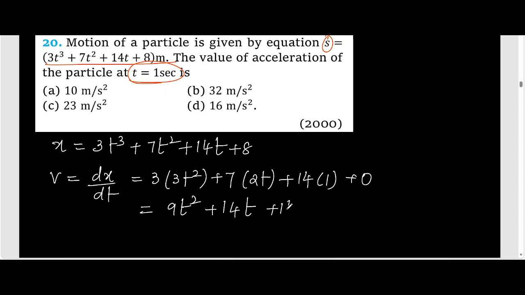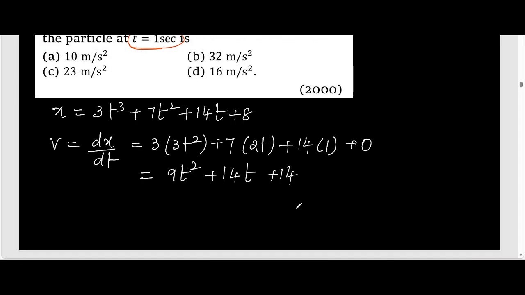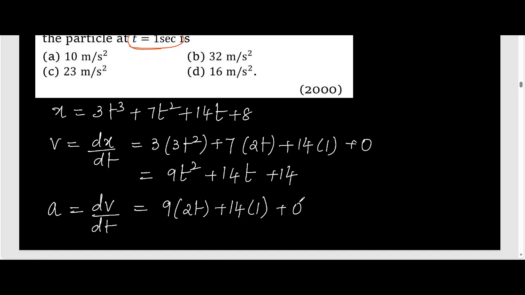So this is the velocity. Now what is acceleration? It is dv upon dt. So differentiate the velocity. What will you get? 9 into t square is 2t, and 14t differentiation 1, constant differentiation 0. So this is our acceleration. How much is it? 18t plus 14.